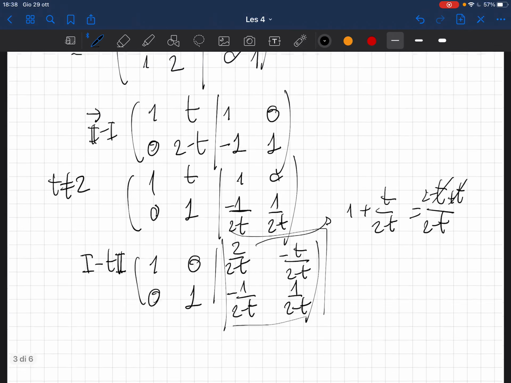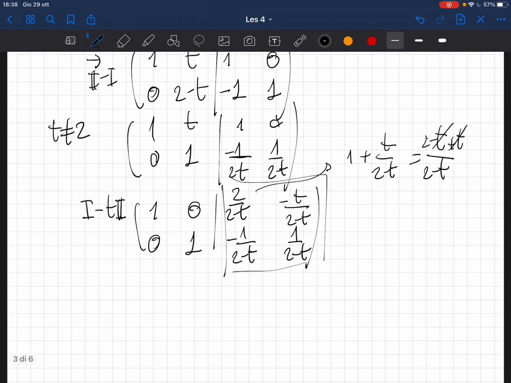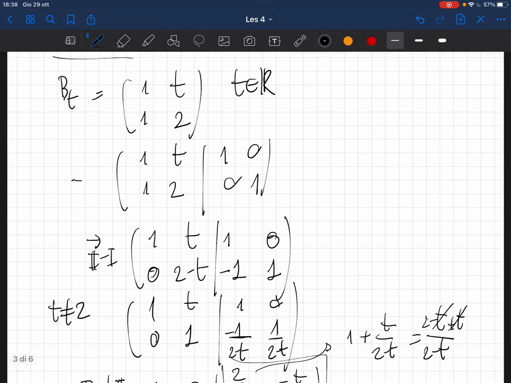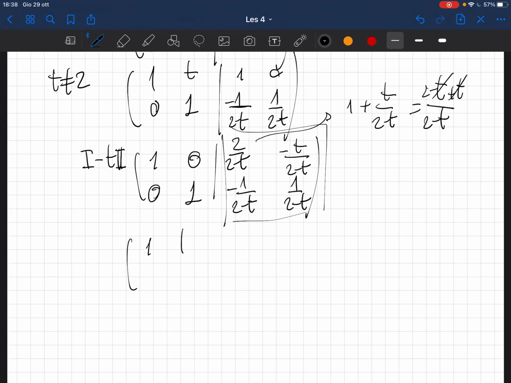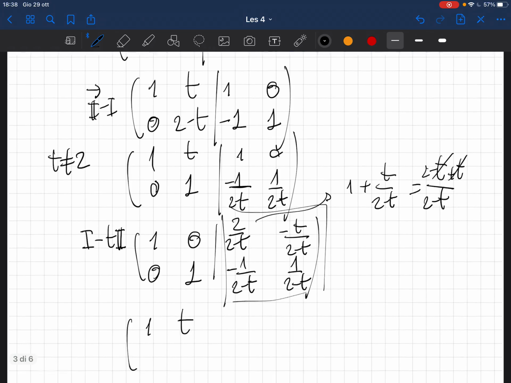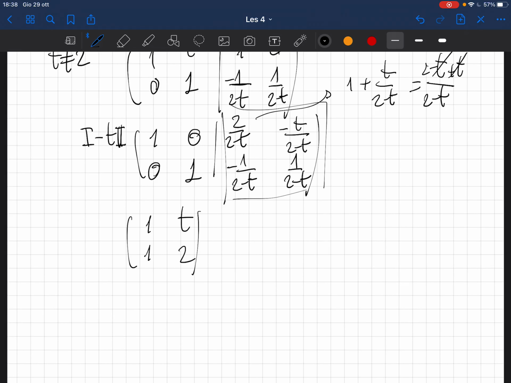If we want to be sure, then let's just check that this works. So let's just multiply this by this, and let's see if it's really what it has to be. At least on this part.